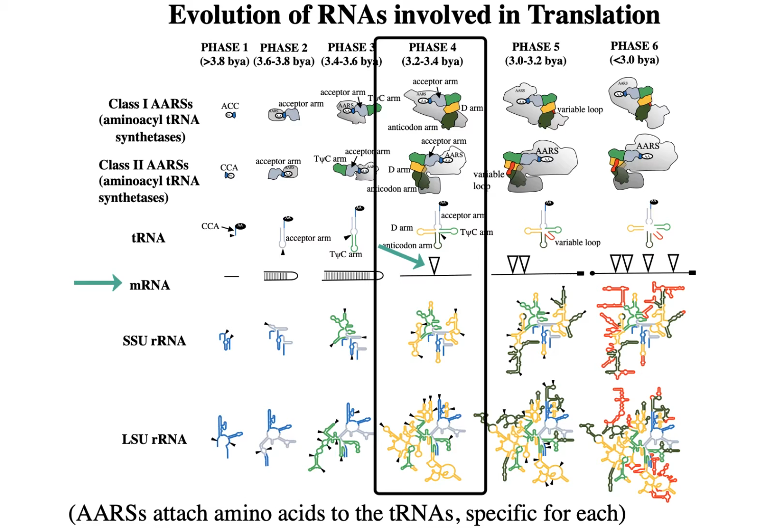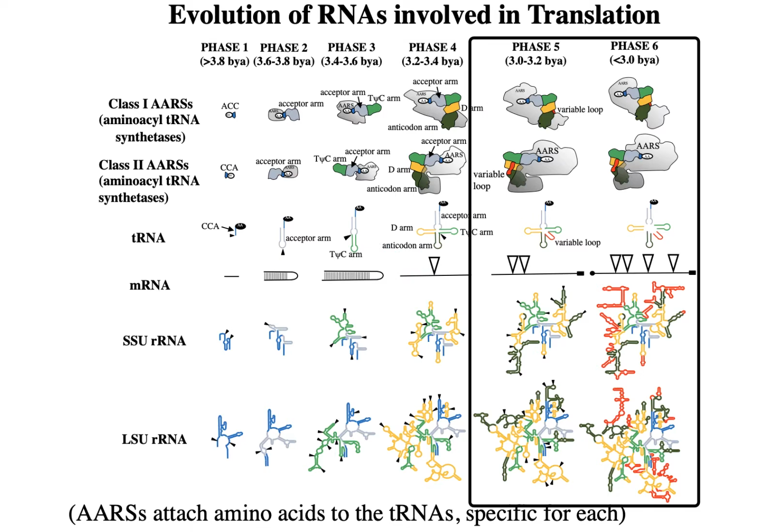And by phases 5 and 6, everything has grown further and become more complex. More discrimination is gained by the ribosomes as far as when and where they translate what particular mRNA, what tRNAs they use, and the efficiency appears to be much greater.